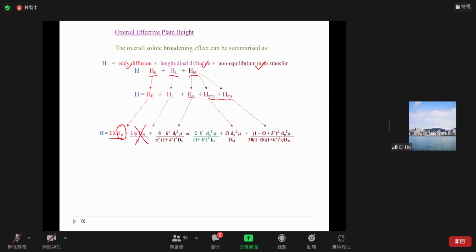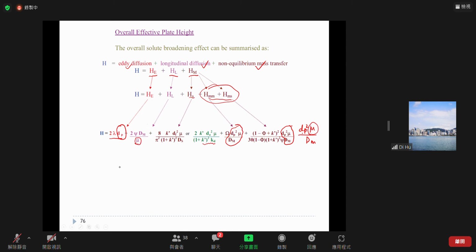The stationary phase term is for partition, but there is actually more contribution from the mobile phase. For the mobile phase, both the moving and the stagnant terms relate to dP squared and mu over DM. Again here we see dP, and here we see mu on the numerator. And even though we ignore HL, you see mu is on the denominator.